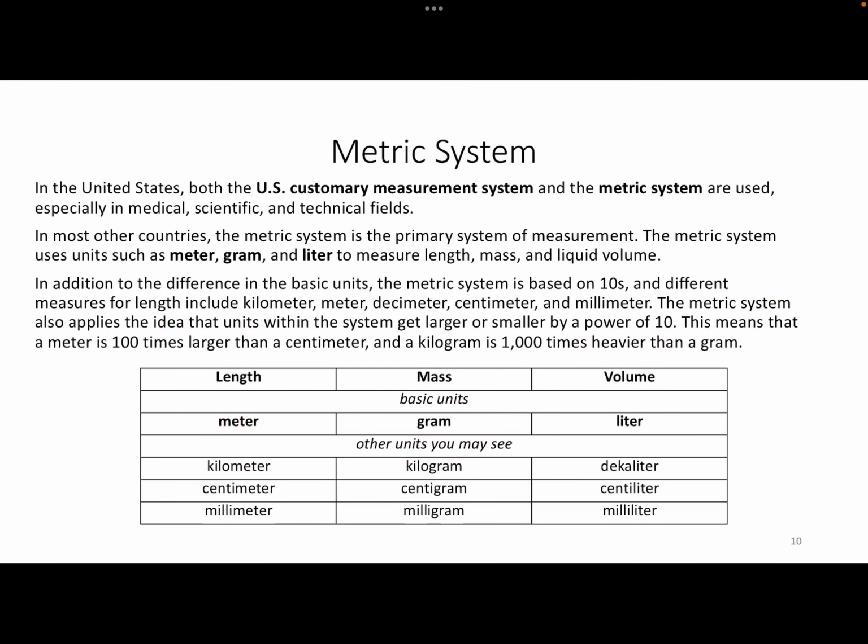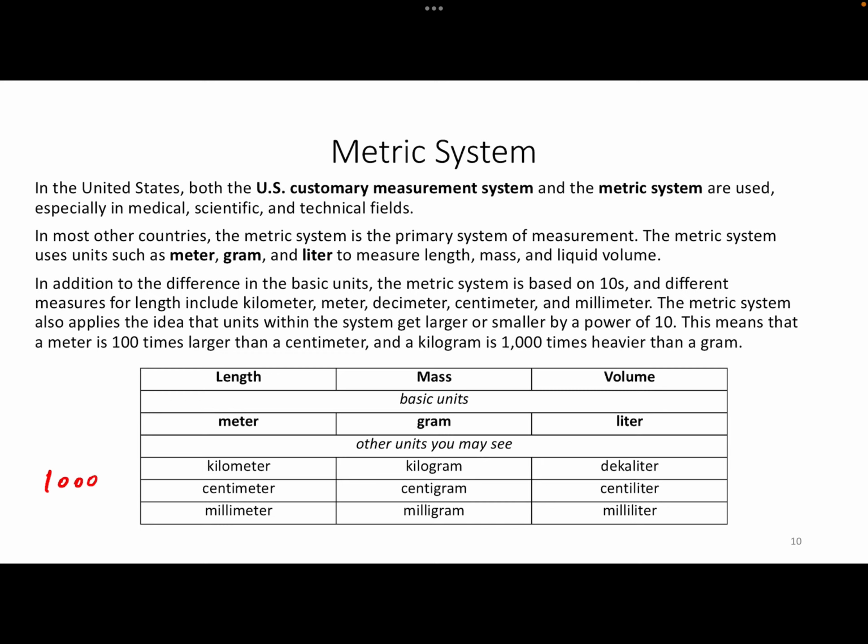And then this is the metric system, which is a different measurement. Meter, kilometer, centimeter, millimeter, they all have a thousand conversion rate. 1 kilometer equals 1,000 meters, okay?